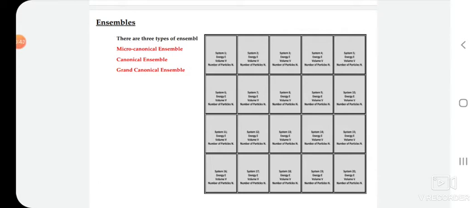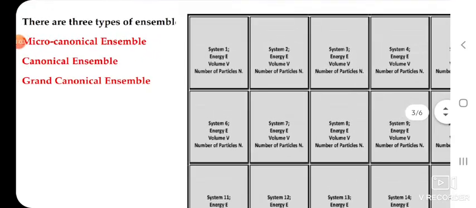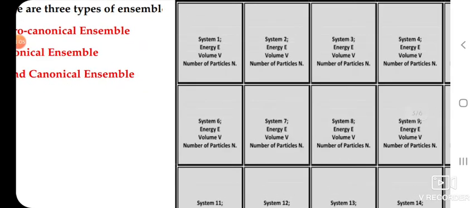A microcanonical ensemble is a collection of a large number of essentially independent systems having the same energy E, volume V, and total number of particles N. The systems of a microcanonical ensemble are separated by rigid, impermeable, and insulated walls.